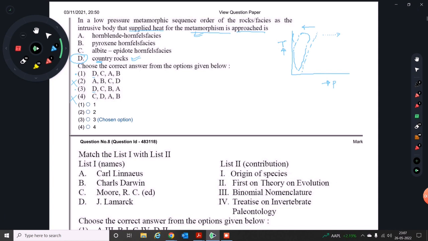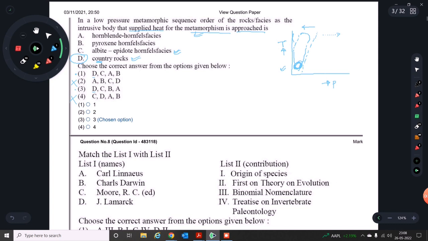So country rocks, then what we can expect is albite epidote hornfels facies, that is expected to be found first. You need to remember this graph basically. This is the test of this graph only, nothing else. The question seems a bit complicated, but it is nothing but a test of this pressure temperature metamorphic facies graph.